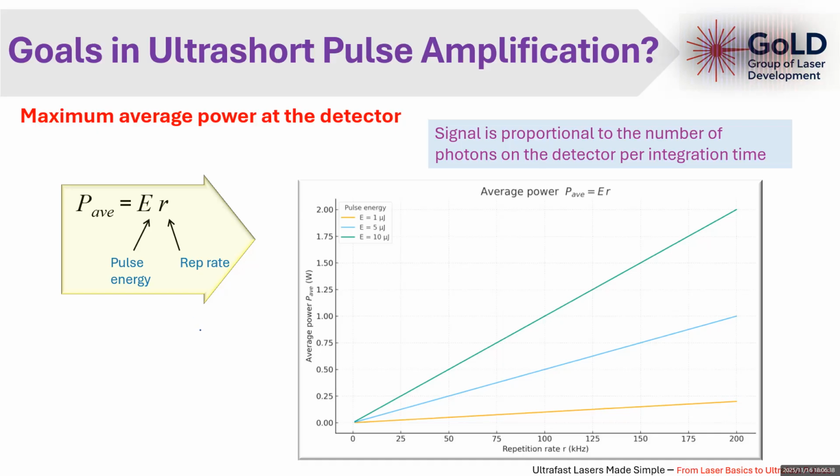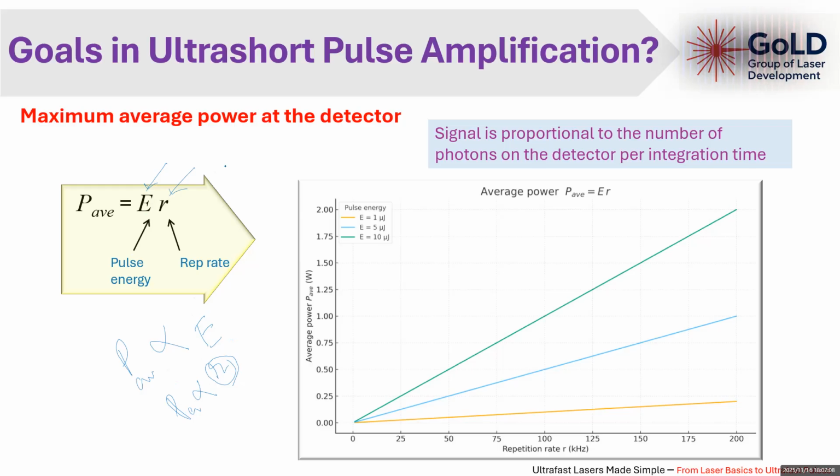The average power is directly proportional to what? Energy, pulse energy, and R. That is the repetition rate here. Do not confuse it with the previous equations, which I used for the oscillator. So this R actually is a repetition rate.